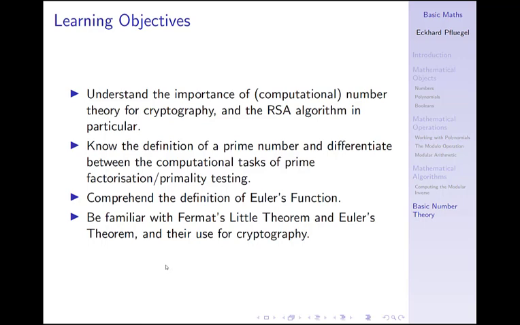Furthermore, to comprehend the definition of Euler's function, which is a very important and useful definition, quite often used in number theory. And finally, to be familiar with Fermat's little theorem and Euler's theorem and their various uses for cryptography.